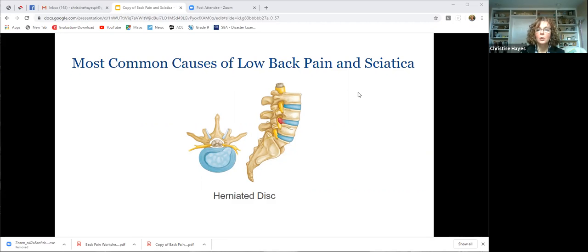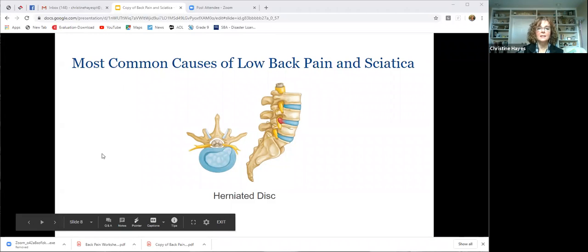When it goes all the way down and gives you that Charlie horse, it's the nerve that's being compressed. I'm not sure who that anonymous attendee is, but something is likely compressing that nerve, and we're not sure what exactly that is until we do our examination. It could be the disc material, or it could be a little stenosis. So that's important information. Herniated disc is something that we commonly see in the practice.